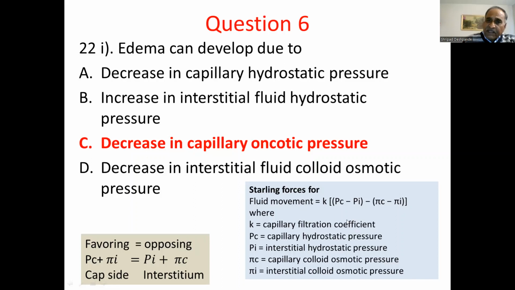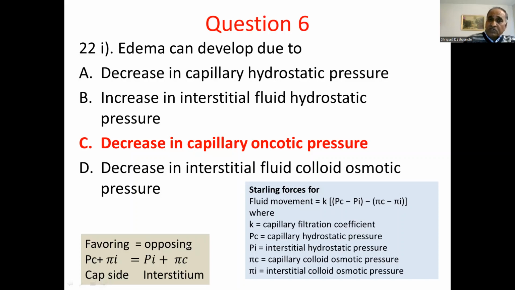Now, keeping this K as a constant, PC, that is the capillary hydrostatic pressure, plus the interstitial fluid oncotic pressure are the favoring forces for the movement of fluid from the capillary to the interstitium.